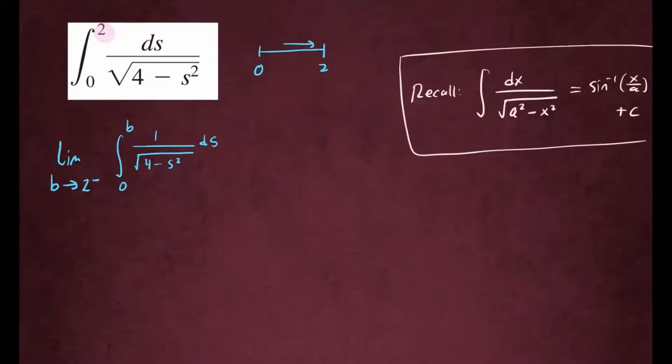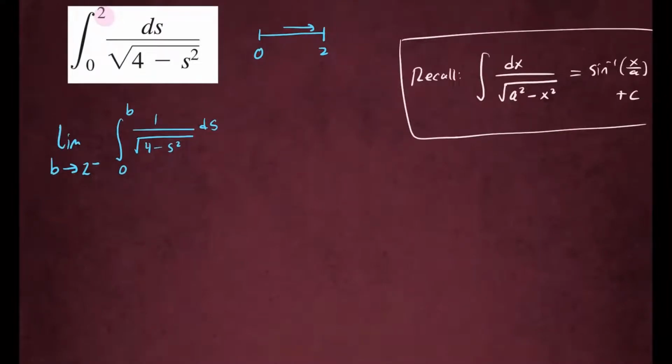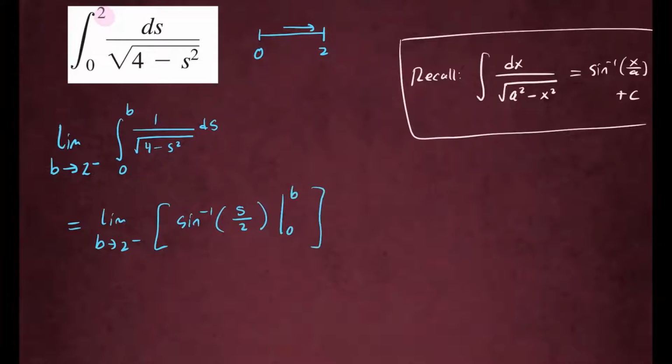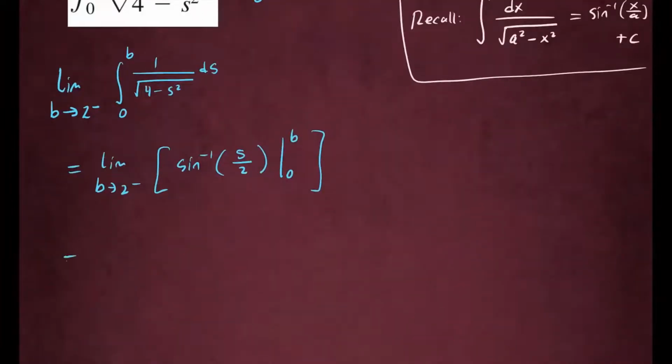So this integral becomes the following. We have the limit as b approaches 2 from the left of arc sine, or sine inverse, of s, because that's your x, over 2. We're going to take it from 0 to b. Now, using the fundamental theorem of calculus, plug in the upper limit and the lower limit, then we're ready to take the limit as b approaches 2 from the left.